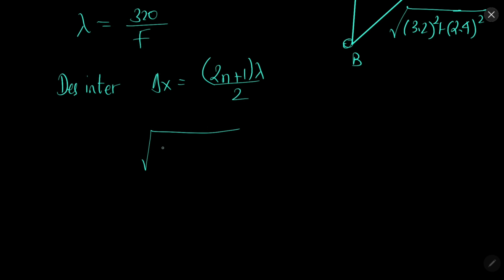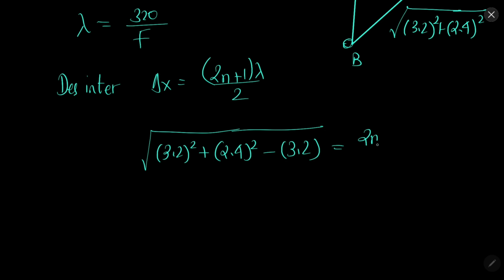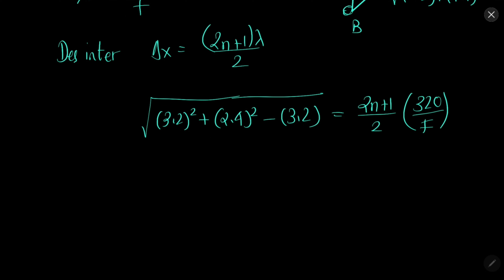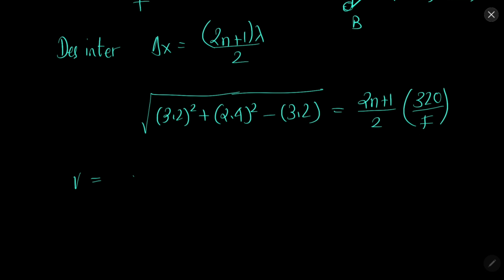So now root of (3.2 whole square plus 2.4 whole square) minus 3.2 equals (2n plus 1) over 2 into 320 over frequency. So solving this, we will get the frequency to be this.